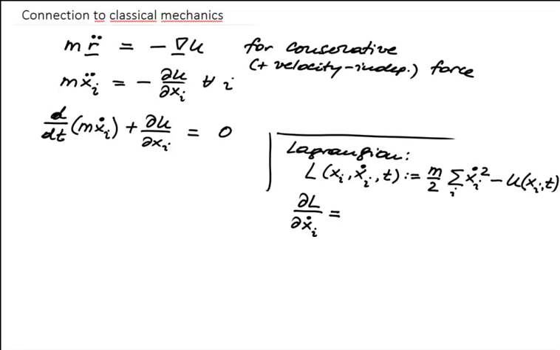The 2 cancels with the 1/2 in front. And I'm left with m times xi dot. If, on the other hand, I take the partial derivative of the Lagrange function with respect to xi, then only the second term depends on xi, only the potential depends on xi. So I get minus dU over dxi.